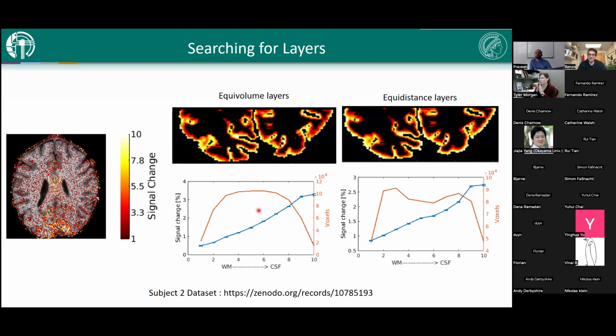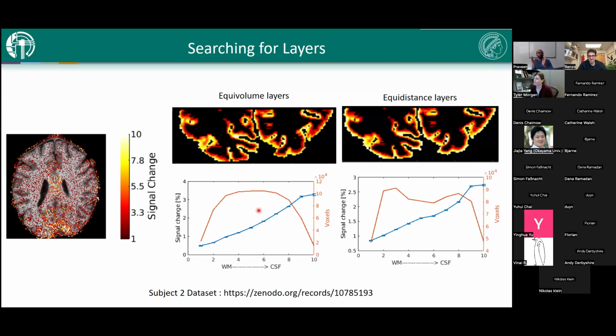Are those combined as a moving window, or done as a block and then you move on to the next block? I didn't quite catch that part. We don't use anything like view sharing, so it's just a single block. We acquire a single volume, then move on to the next whole volume, with a different undersampling. So there is no view sharing.